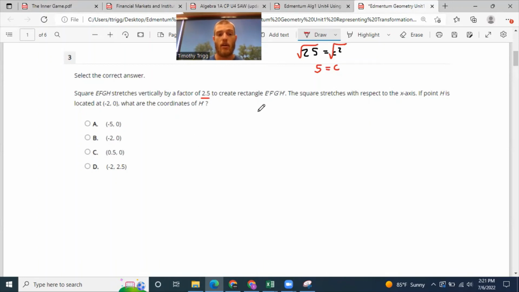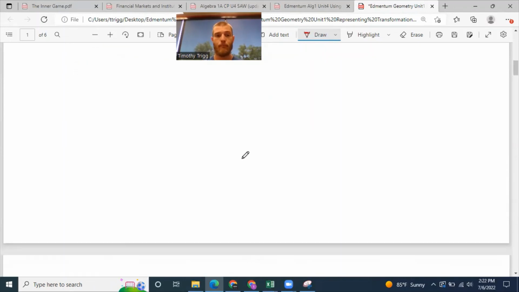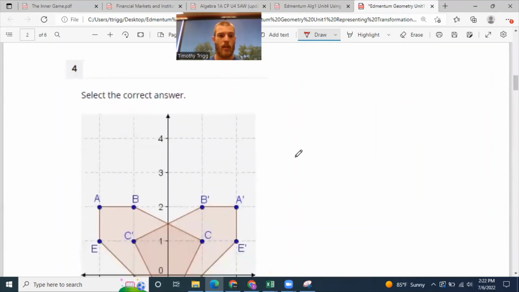In this case, our H was -2, 0. So if I multiply the y coordinate, which is 0 in this case, by 2.5, because again, we're stretching vertically, that means you only multiply the y coordinate. Well, what's 2.5 times 0? That's still 0. So it'll actually be in the same location as it originally was. Vertically stretching won't change that point.